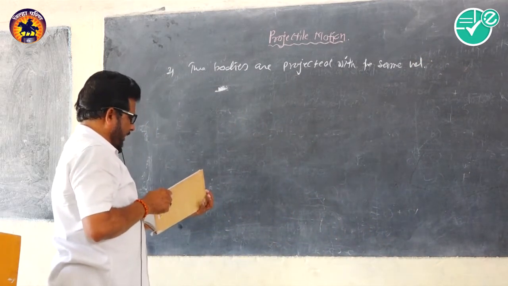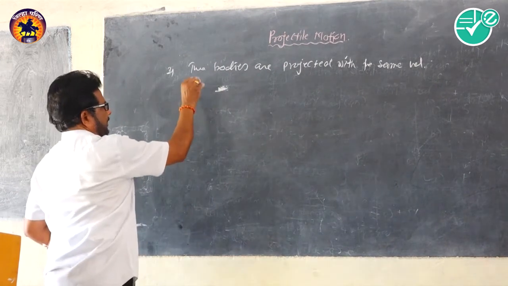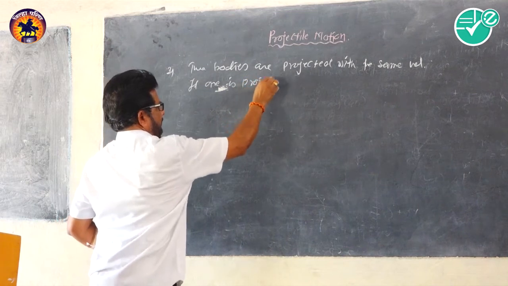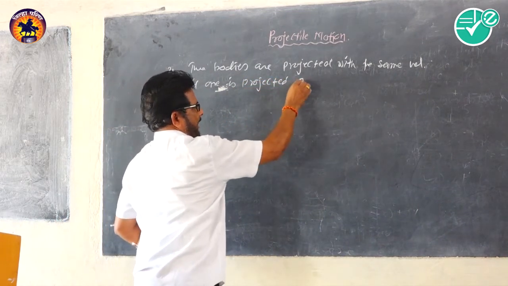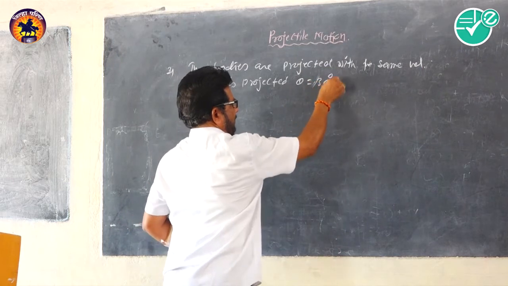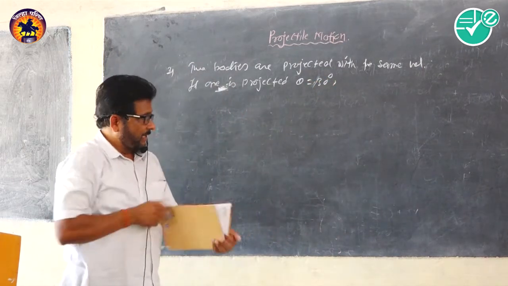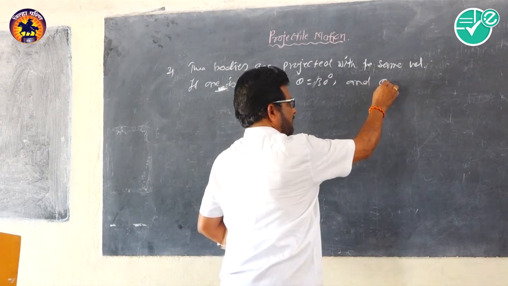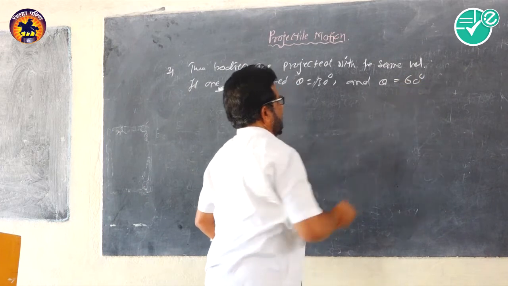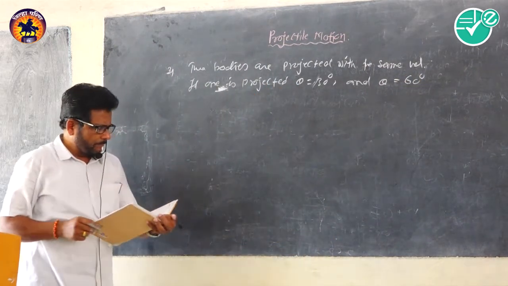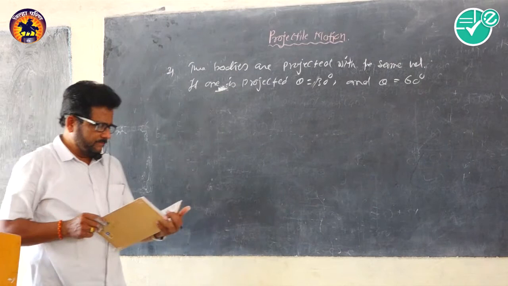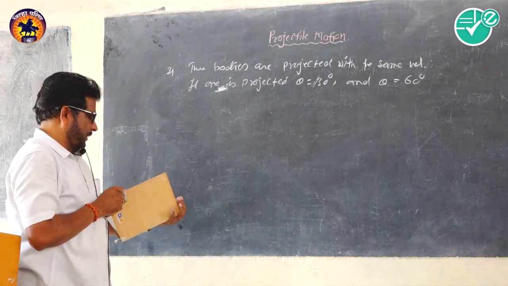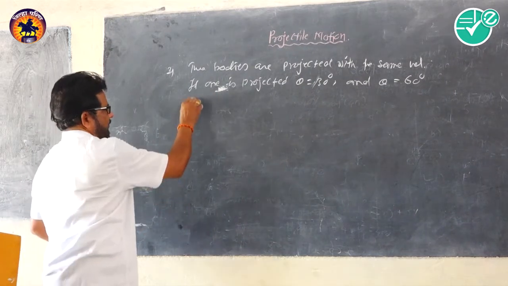If one is projected with angle theta 30 degree, and the other is projected at an angle theta of 60 degree to the horizontal, then we have to find the ratio of h1 by h2.